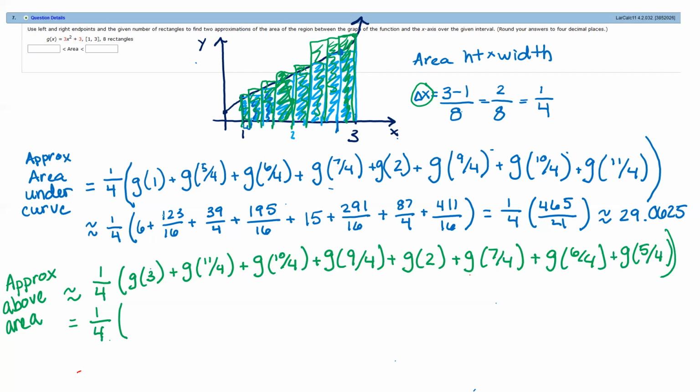So I'll subtract this 6 because that's not a height of a rectangle that we have. And then I'm going to add that G of 3, which is 30. When I do that, with all of those G values, I get 561/4. And of course, we can take that and multiply that.